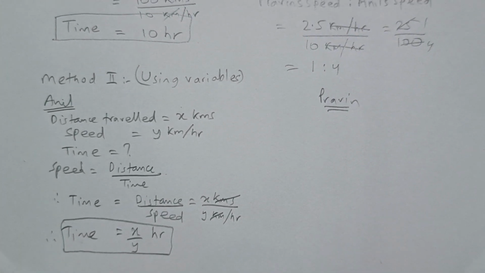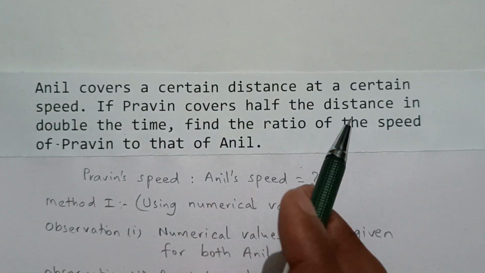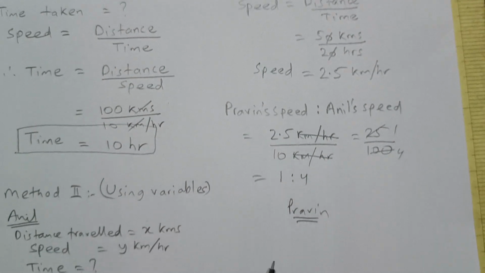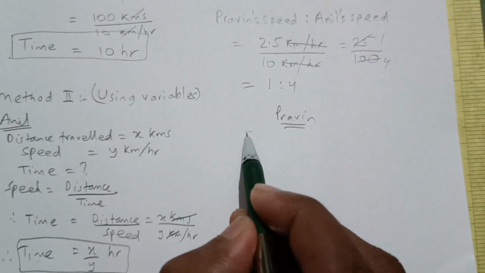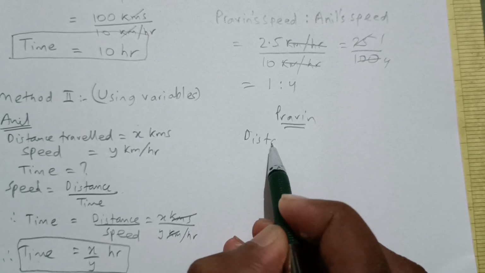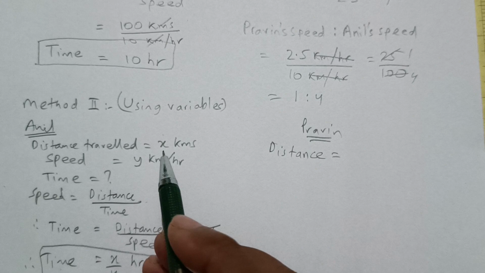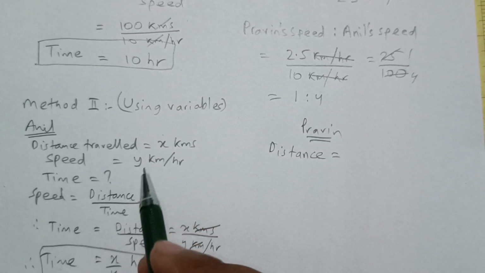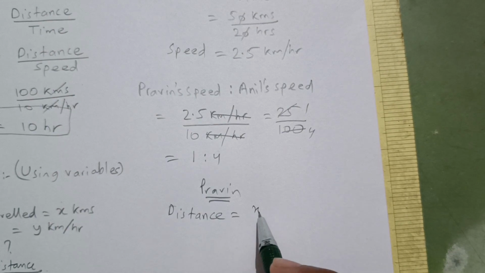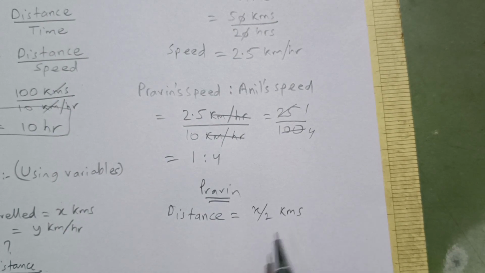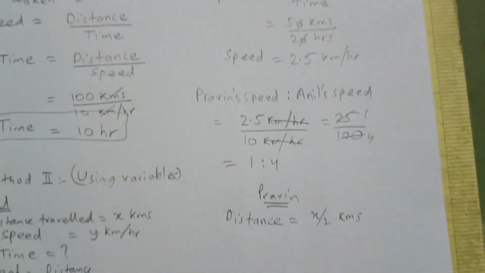And now let us go for Praveen. So Praveen covers half the distance. So Praveen's distance will be half of that of Anil. So half into x is x by 2 kilometers. And he takes double the time.